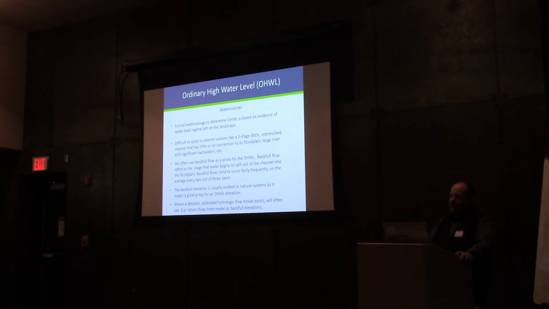So I called up the engineer and asked, what was your 2-year flow at this location on 9 Mile Creek? I got the elevation from them, and just used that to advise whoever was doing the project.